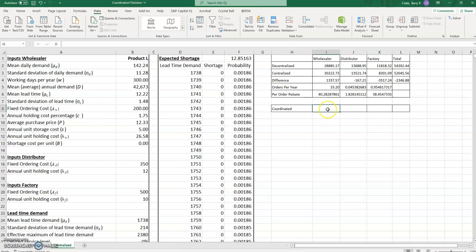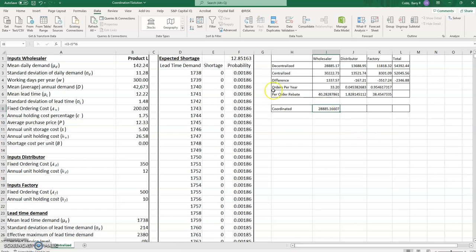Now, let's see what that does to the overall cost if we use this system. Basically, what would happen is the wholesaler would have to pay their centralized cost, but that would be offset. We would subtract the orders per year times the per order rebate that they get, because that's an offset to their costs.